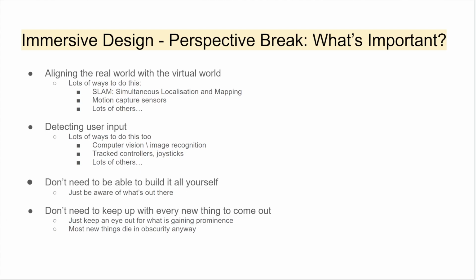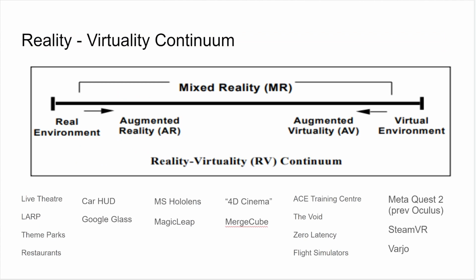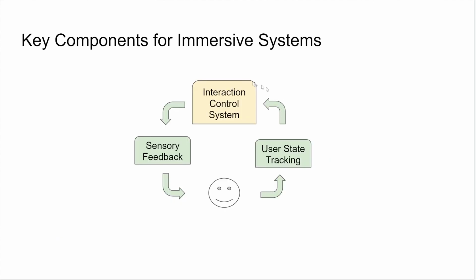Now, speaking of specifics, you also don't need to know every single thing that comes out. You just need to know what's gaining prominence. You can't possibly keep up with everything that's coming out now. So if we go back to this example here, there's a whole lot of stuff coming out. You just need to be able to situate it in this particular context, and then relate it back to this context here.